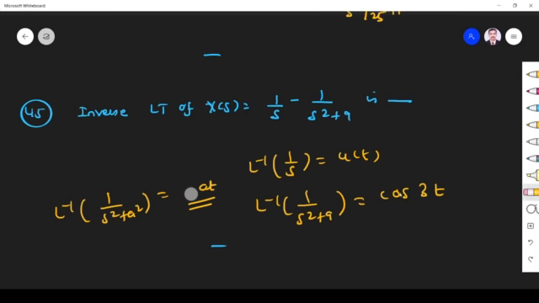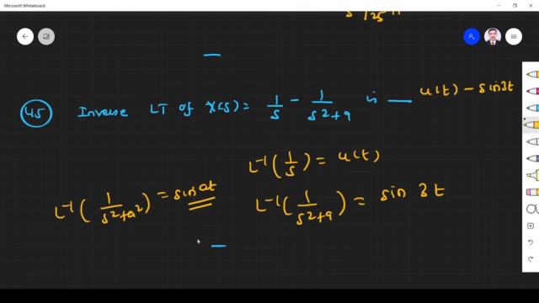This is sine. So it is sine at, so it is sine 3. So the answer is u of t minus sine 3t. Right? So a simple problem. Next one.